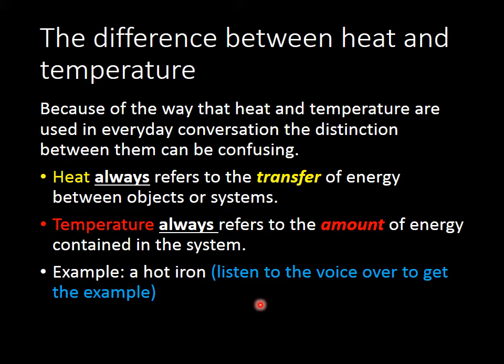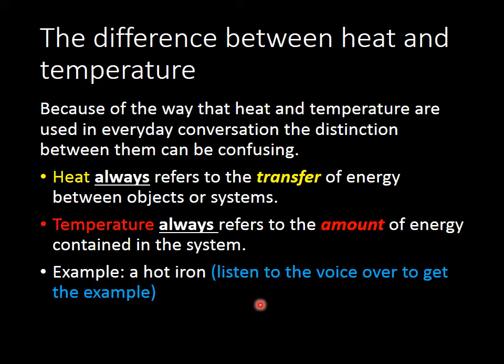What it has is a lot of kinetic energy in its particles, and we can transfer some of that energy to another object because it can transfer the heat. It can give that heat away.